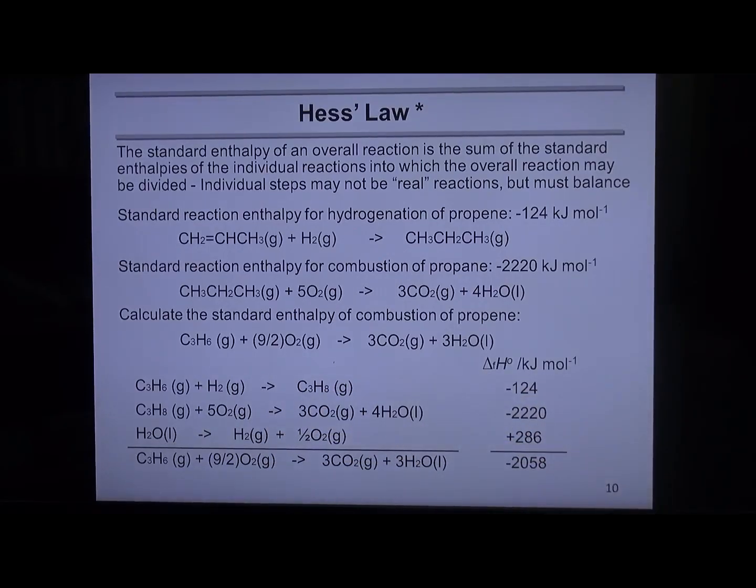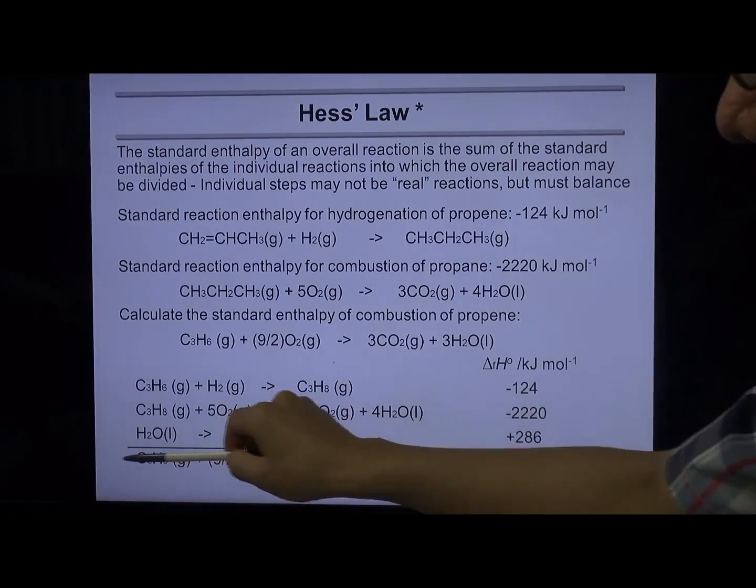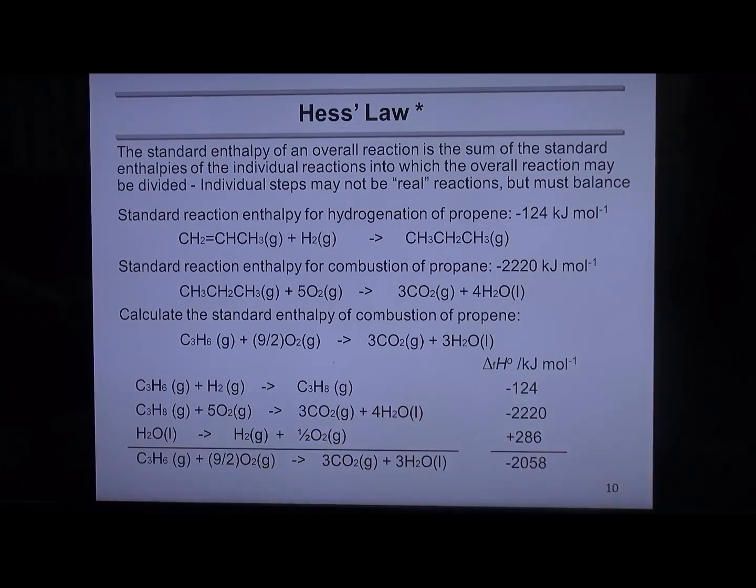And the standard reaction enthalpy of this reaction would be the same as summing up these three, minus 2058 kilojoules per mole. That's so simple, right? Because enthalpy is a state function.